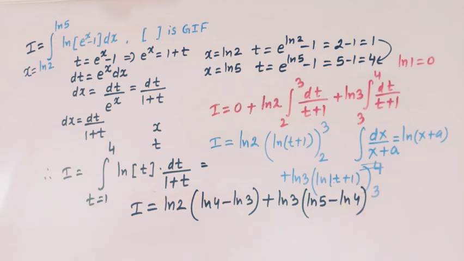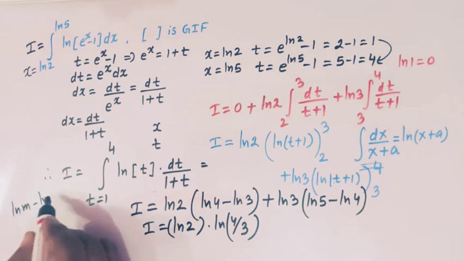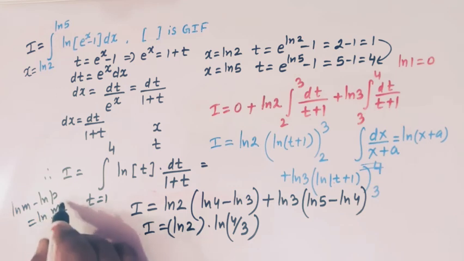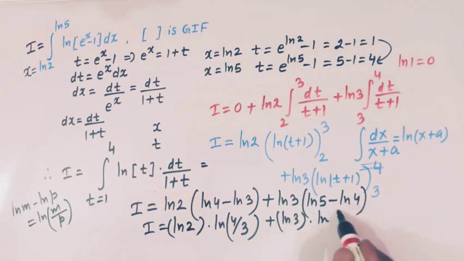So now we can further simplify it by writing log of 2 times this as log of 4 over 3, by making use of the properties of log, because we know that log of m minus log of p is equal to log of m over p, and similarly here we can write log of 3 times log of 5 over 4, right?